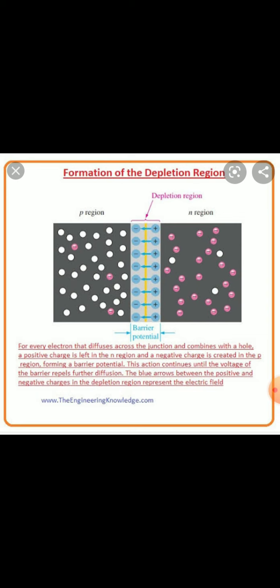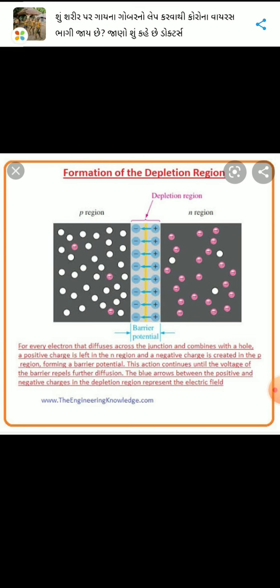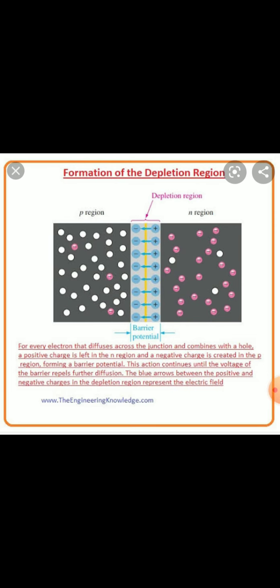Once the depletion region is created, the diffusion of free electrons stops. The depletion region acts as a barrier to further movement of electrons across the junction. The positive and negative charges set up an electric field, which is a barrier to the free electrons in the N region.